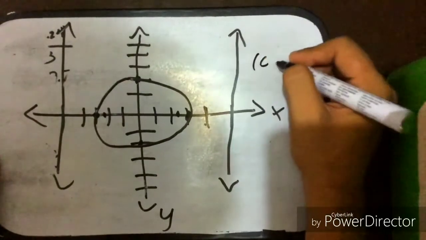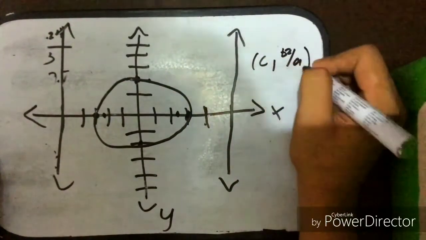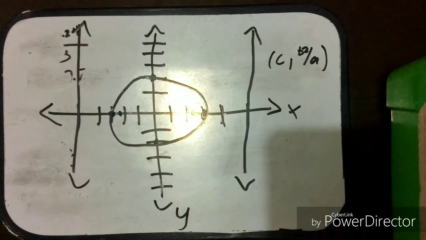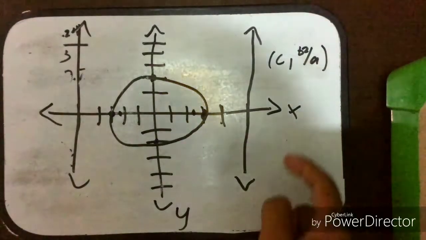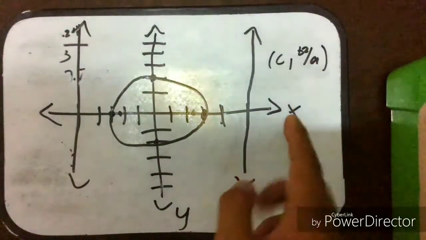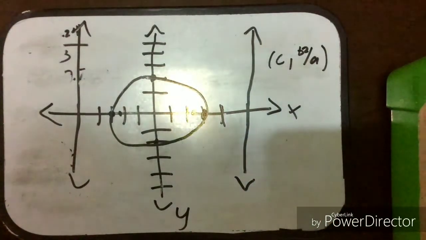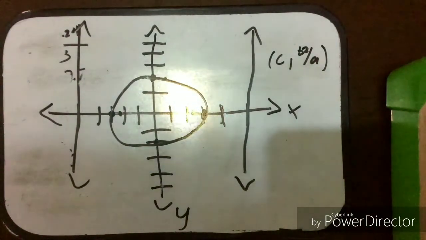So, C is equal to B squared over A. Your coordinates for the latus rectum are C, B squared over A. These coordinates for the latus rectum are 4, like in the Cartesian plane, which also has 4 quadrants.